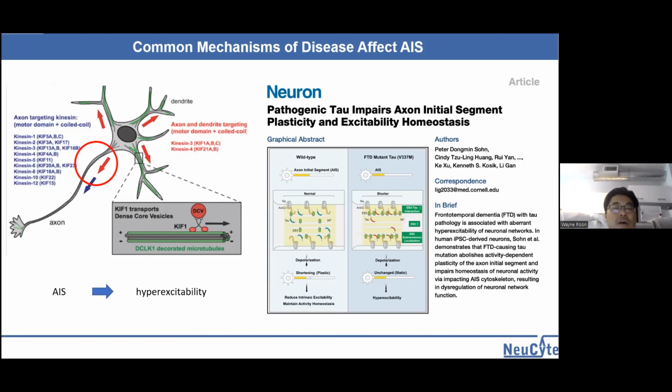And so we think that the mutations may impair the AIS function, and that this is what drives the hyperexcitability. We are pretty excited that we are going to be developing assays to potentially look at this, and that could then be utilized to uncover drugs that might reverse this phenotype.